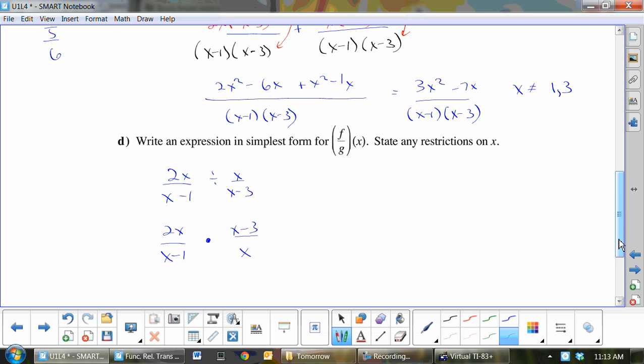So these are things you can put into place so you don't think another x is up there. But now, do you see how if I have an x on the bottom and the top, they can cancel? So now I am going to multiply. That is going to be 2 times x minus 3 all over x minus 1. And if you want, you can multiply that 2 in, but either one would be accepted.